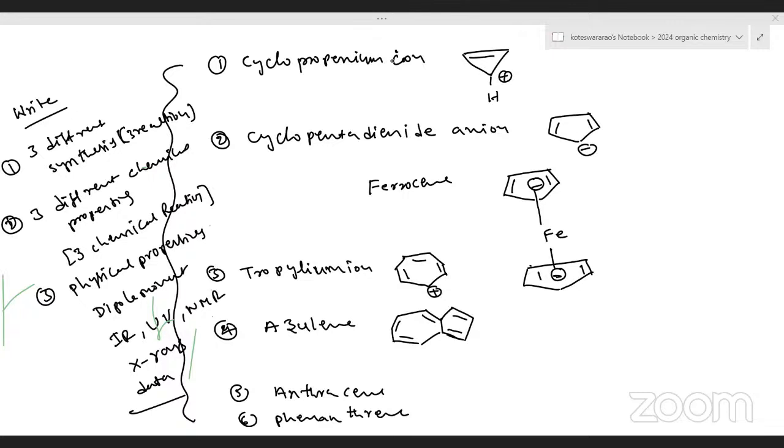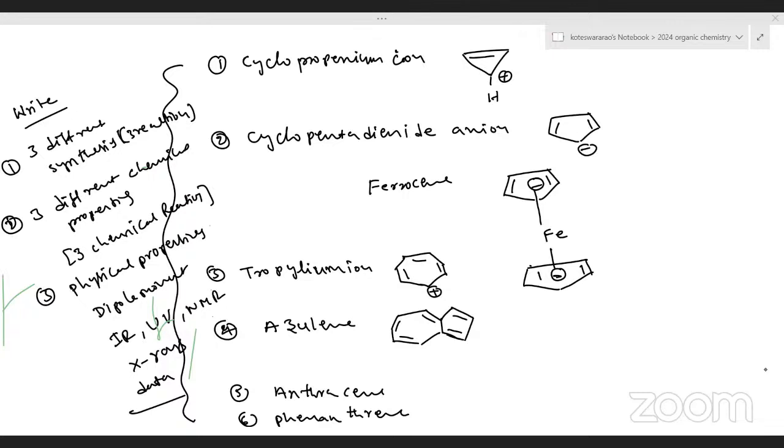In the second type of question, they may give the name of a molecule. Suppose one molecule we discussed in Craig's rule, the last molecule. They may give the name of the molecule and say, now it has 4n electrons, but it is aromatic. Why?